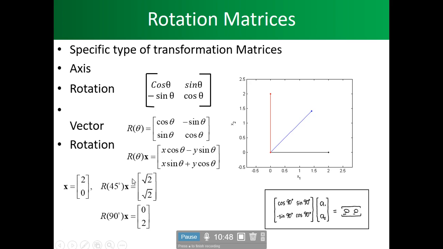Okay, here, if we want to rotate it 45 degrees, 45 degrees is going to give us 1 over the square root of 2. So with your 45 degrees, you'll plug it in to this equation.